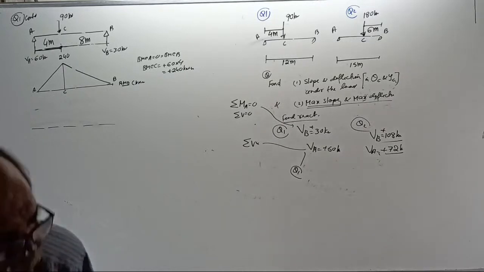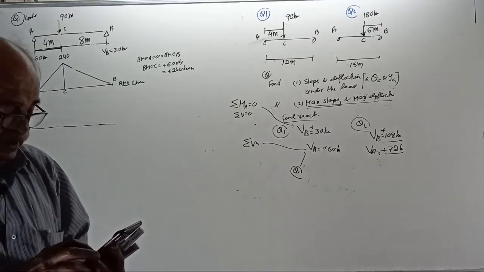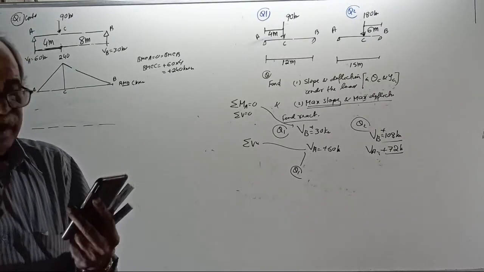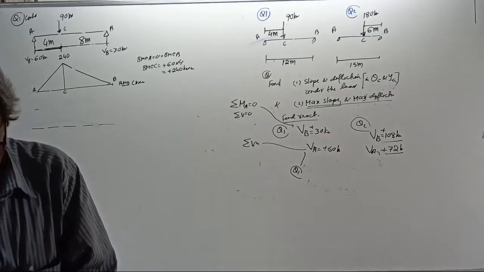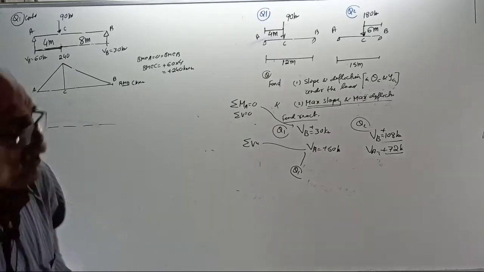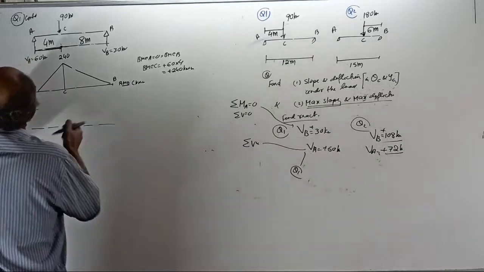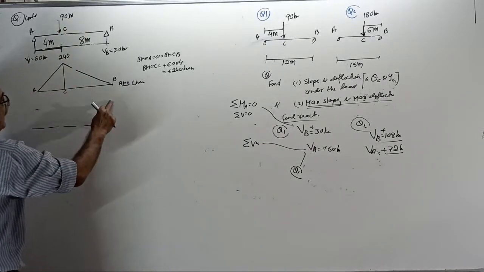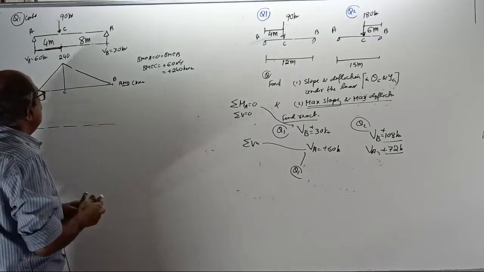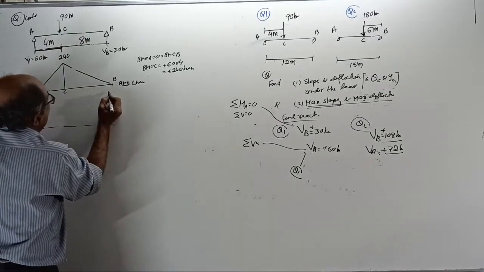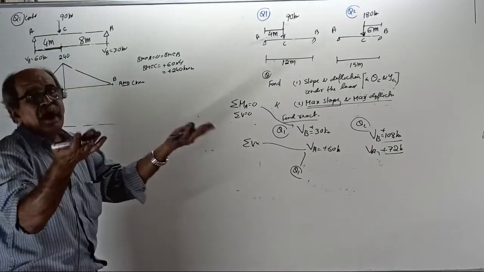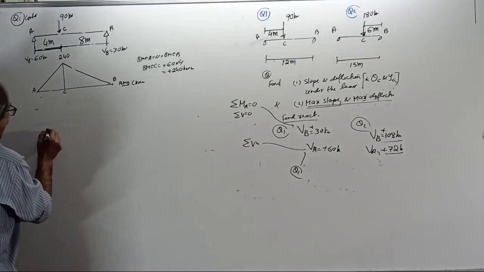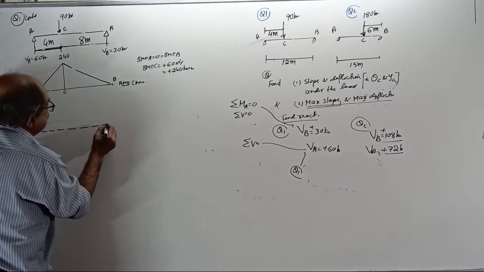If no idea, say no idea. Some space is required so that when you read later, there is no confusion. I will tell you, you are not telling. Space, because later you are marking some maximum deflection. There are some x values that will come. If you write the elastic curve right here, later it will become overlapped. So leave some space. Okay, then draw dotted line, the initial position.